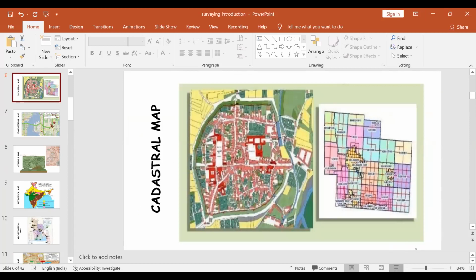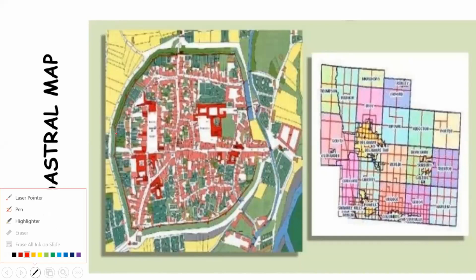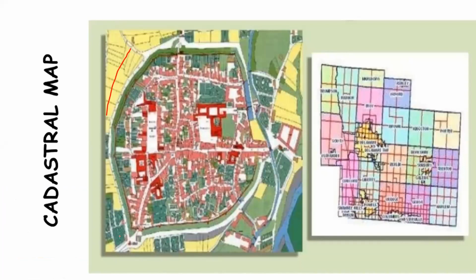How are we doing the survey? To prepare a cadastral map, it's a very laborious process. If we want to draw a map like this, first of all, we have to determine the boundaries of that particular habitation. Here, see, the one red line is present at this end.